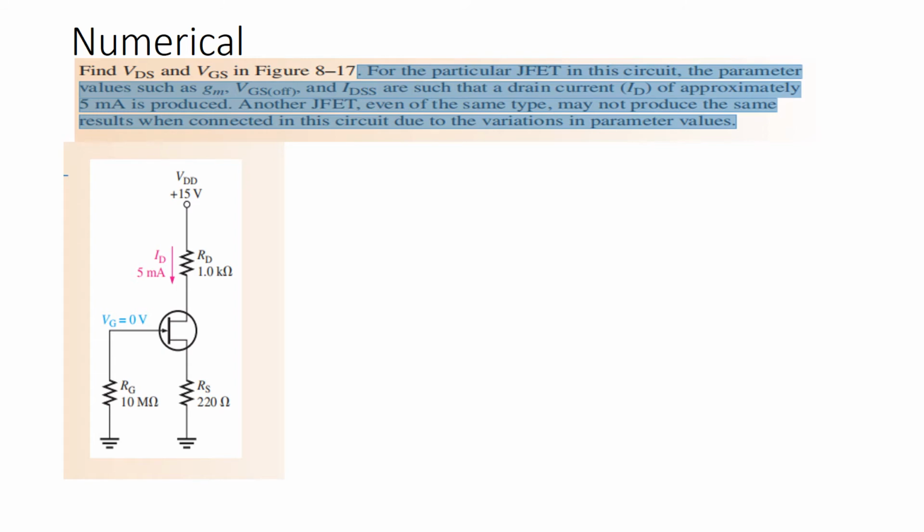Numerical. So for a particular junction field effect transistor, the circuit is given. Parameter values such as transconductance, gate to source voltage, maximum gate to source voltage, and the drain current is 5 milliamperes. It is given. We have to find out if this junction field effect transistor is replaced by another transistor, will the overall scenario remain the same?